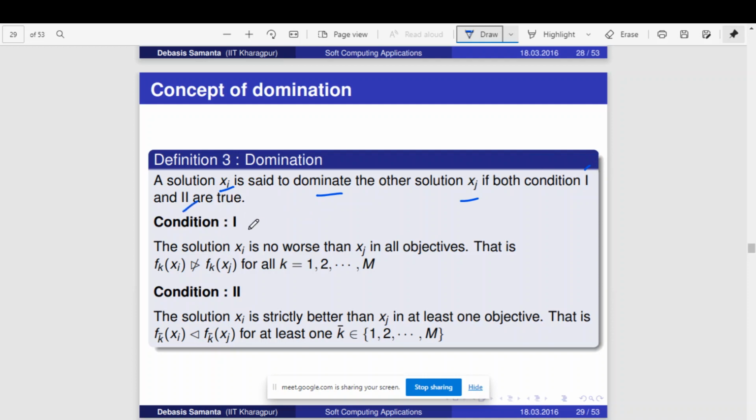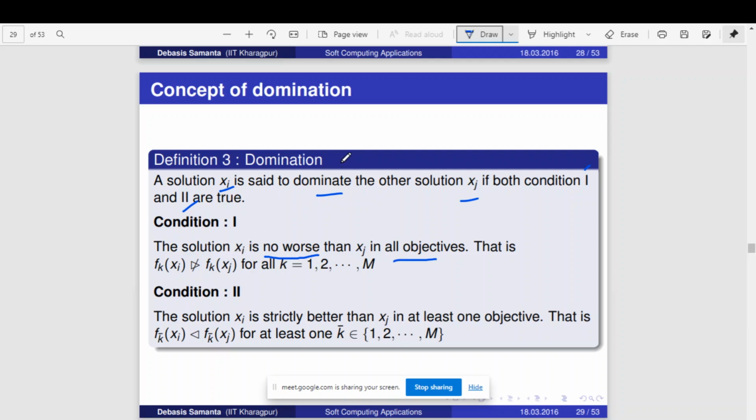Condition 1: the solution xi is no worse than xj. It is not worse. The solution xi is no worse than the solution xj in all objectives, not only one objective. Okay, right?